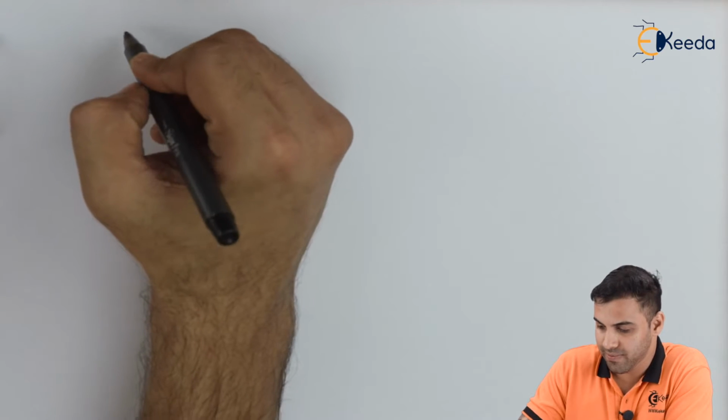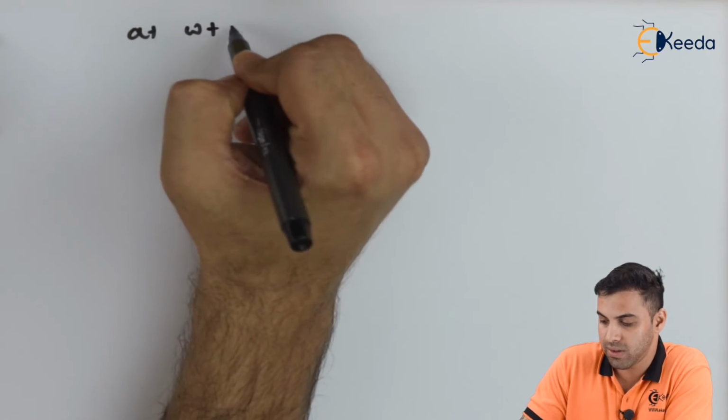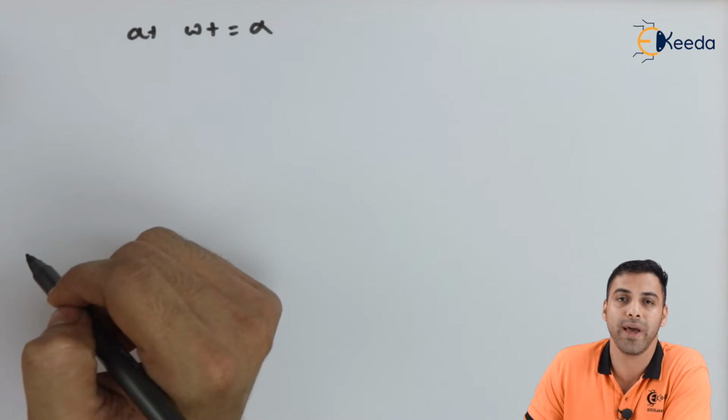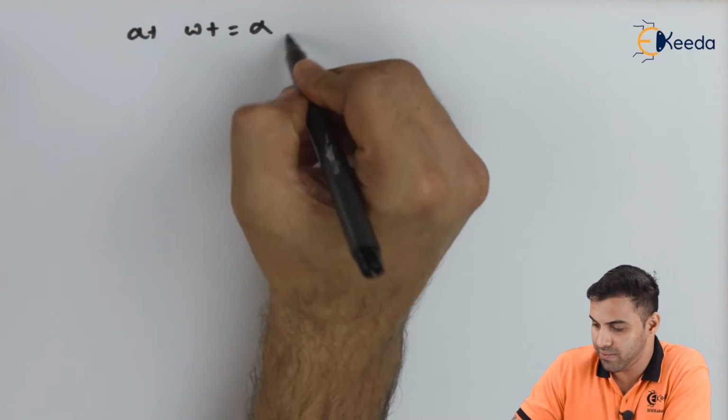Now friends, let's talk about different conditions and different consequences. Let's consider some conditions and find the value of the constant A which we used in the earlier equation, and finally we will find the value of the output current. At omega t equal to alpha, obviously the output current is equal to 0, as we saw in the graph.